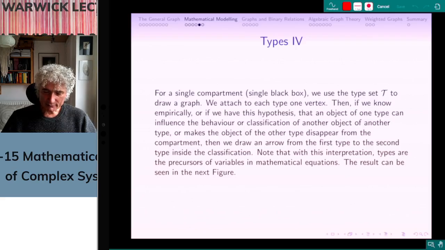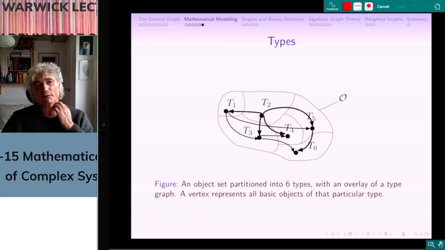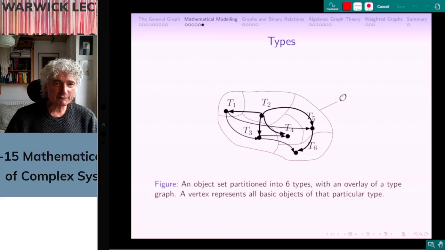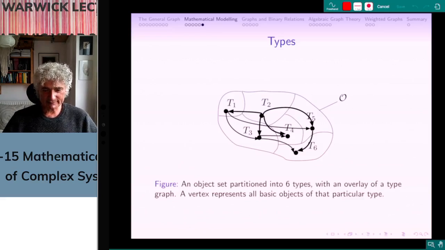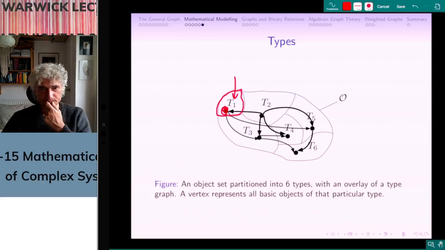And if you now associate a graph, which we will call the type graph, to this object set, that's how it works. So you have one vertex in each of the coverings that are sorting out all the basic objects of one type. So here in this case all objects of type 1 would be inside exactly this region, and so on.